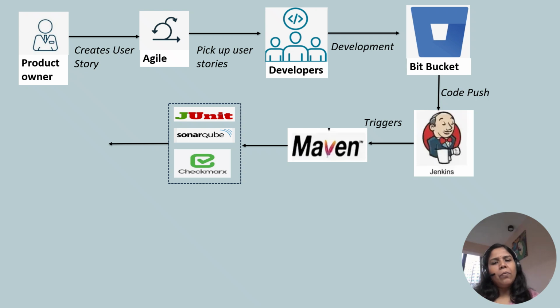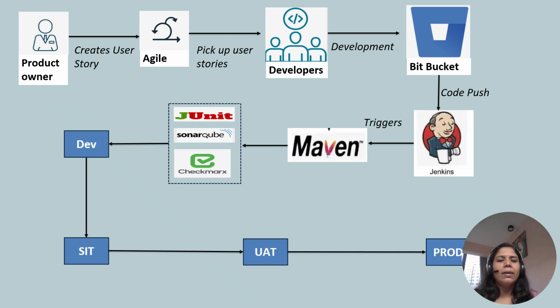Okay, now this package is ready. Then we have to deploy into production, but we can't go to production directly. Before that, it should cross various stages called development environment, SIT, UAT. After it passes all the environments, only then will the package be shipped into the production environment. What is the development environment?